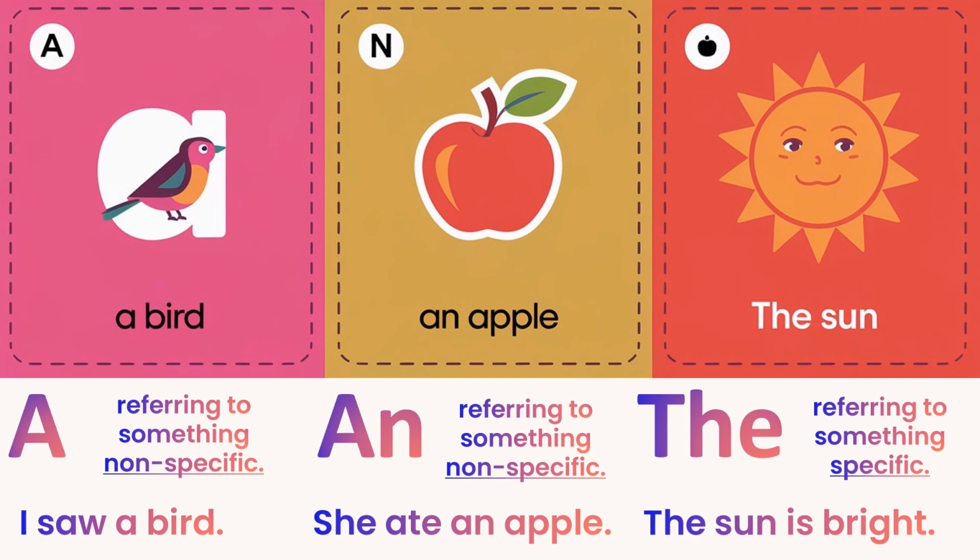The sun is bright. When we say a bird or an apple, we don't mean a specific bird or apple. But when we say the sun, it's absolutely clear that we are talking about the sun, the star that is located at the center of the solar system. In future videos, there will be a session dedicated to articles, which I will discuss in more detail.